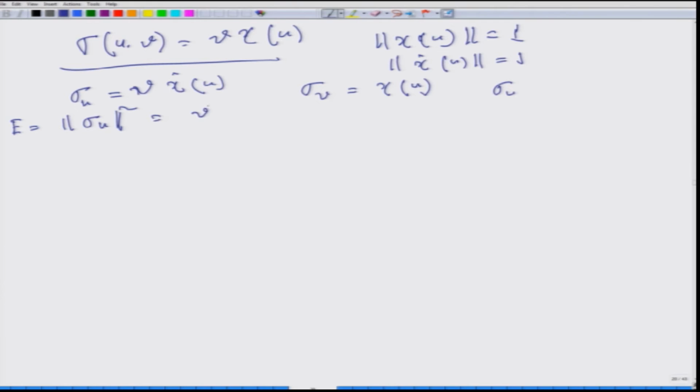This is v squared times the norm of gamma dot u squared, but we have assumed unit speed, so it is v squared. Then G is sigma v squared, which is simply the norm of gamma u squared, so this is again 1.